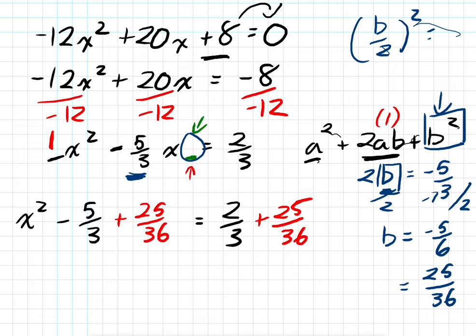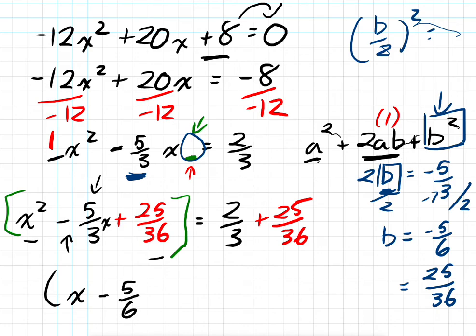What we've done on the left side is create a perfect square trinomial. I forgot an x in the middle there. All that means is we can factor this really simply. We find the square root of the first and the last term, so it's written as x, we take the negative, and then 5 over 6. That's the term we wrote here: negative 5 over 6 squared.